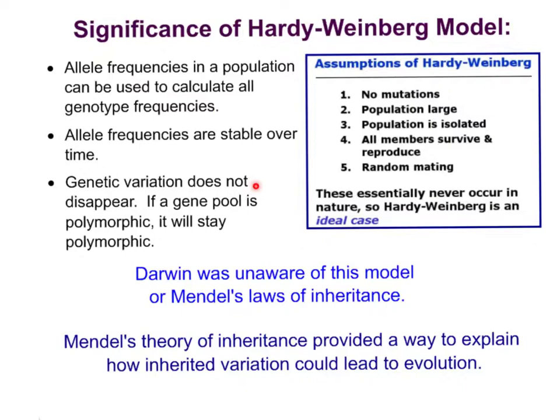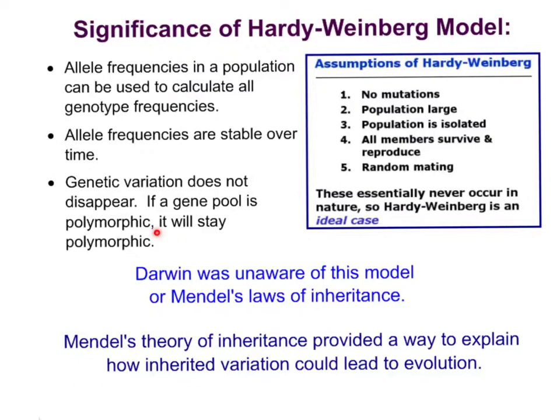The recessive allele is maintained because of the heterozygote genotype in the population. In this Hardy-Weinberg model, you can go generation after generation and continue to calculate the allele frequencies and genotype frequencies, and you will continue to get a polymorphic population. That recessive allele does not disappear. It's hidden in the heterozygote genotype.